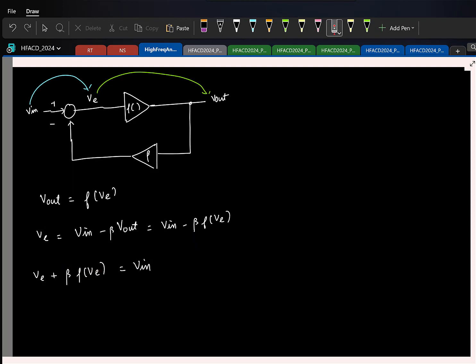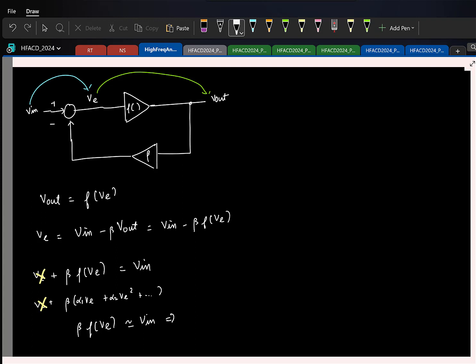So now tell me, if I have a large loop gain here, how can I approximate this? Remember that f of VE is basically some alpha 1 VE plus alpha 2 VE square and so on. This is plus VE. What I'm saying is I'll have a large alpha 1 beta, right? So compared to this guy, this term is going to be really large, so I can ignore this. So I can approximately say that my beta times f of VE is V in.